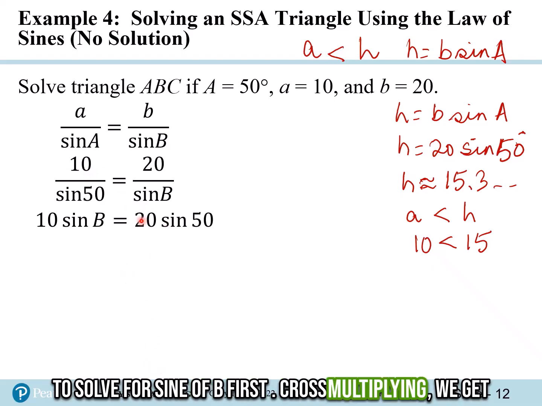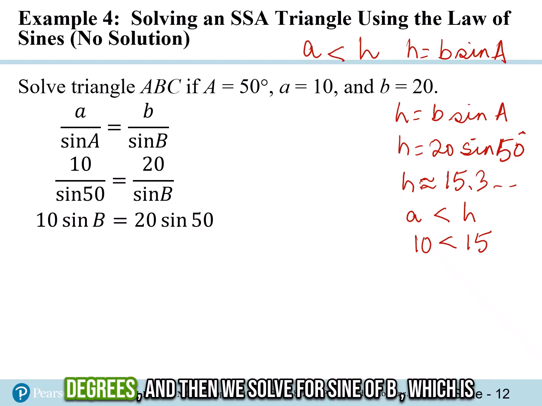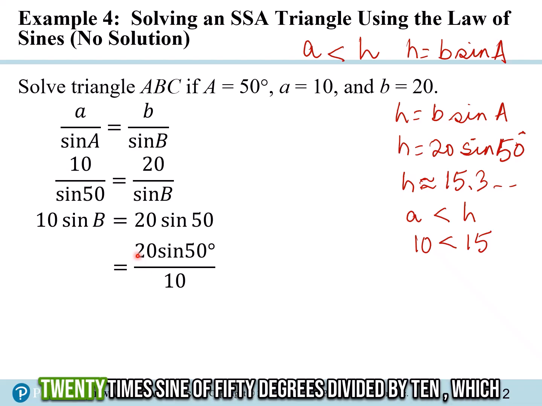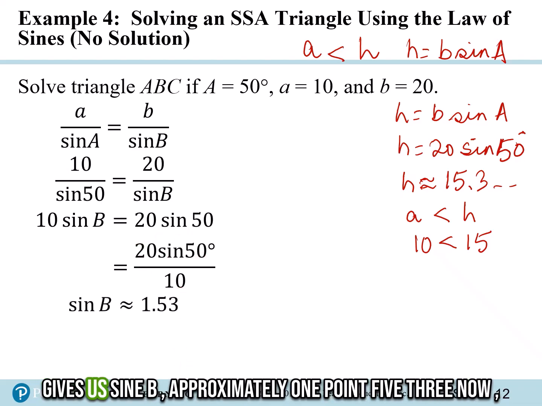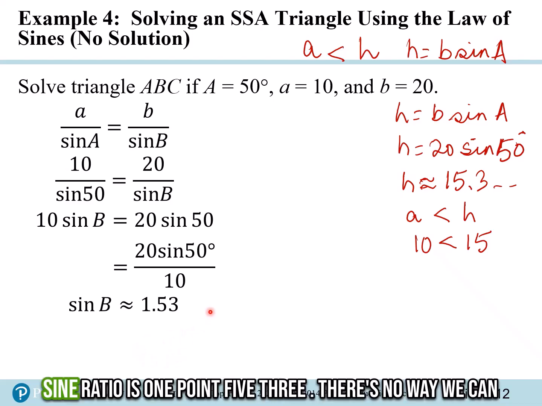Cross multiplying, we get 10 times sine of B equals 20 times sine of 50 degrees, and then we solve for sine of B, which is 20 times sine of 50 degrees divided by 10, which gives us sine B approximately 1.53.